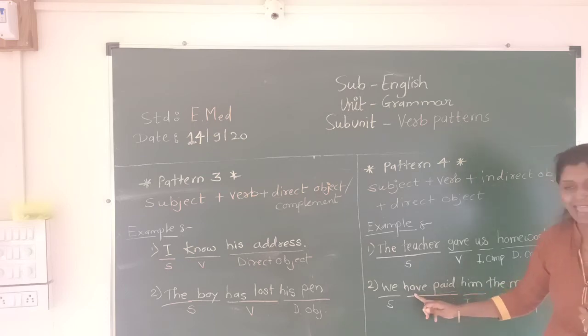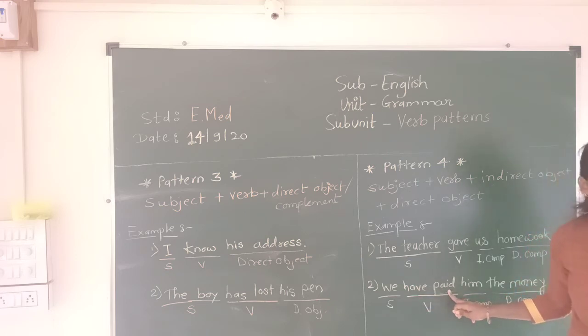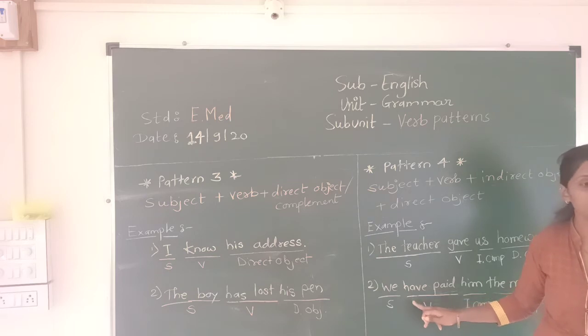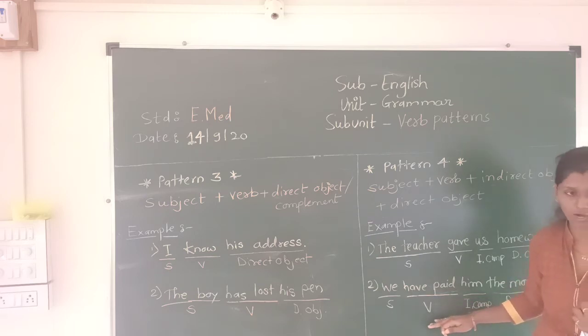Have is an auxiliary verb and paid is the main verb. So have paid is known as the verb part.